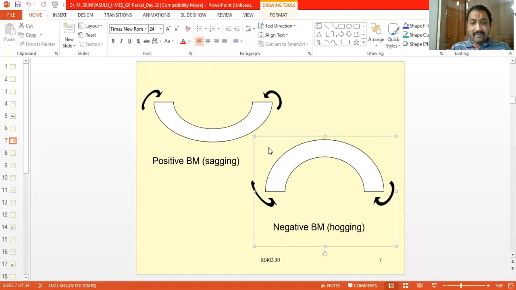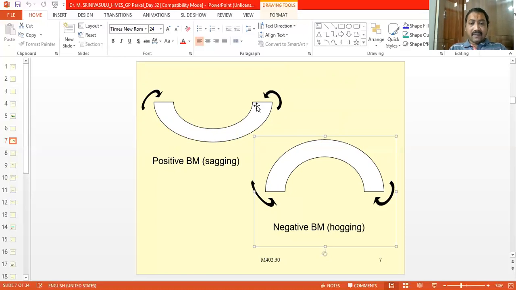When anti-clockwise to the right is positive, then clockwise to the left will also become positive. So we should remember that a shear force which produces anti-clockwise movement to the right of the section is taken to be positive.